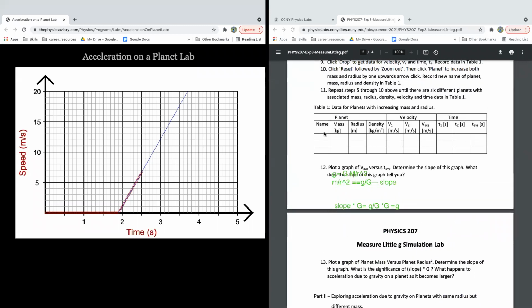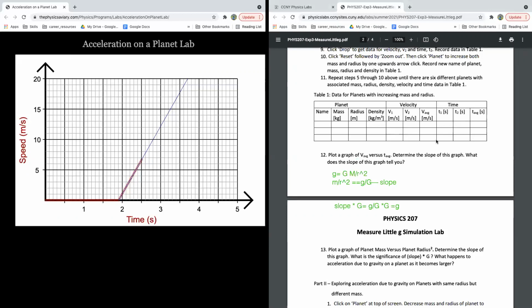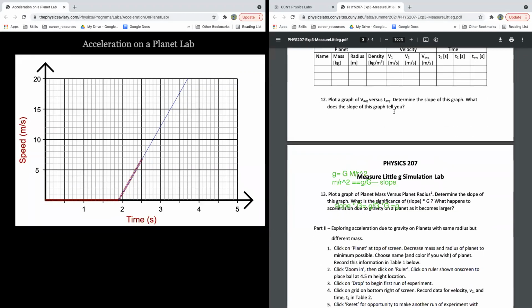So yeah, you basically fill a 6 planet here and then do the measurement and keep your record here and do 2 plots. So here I want to remind us.